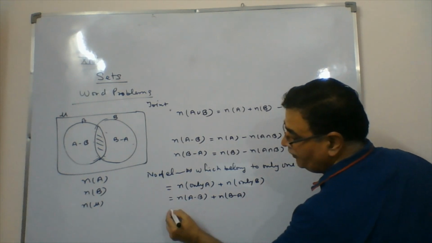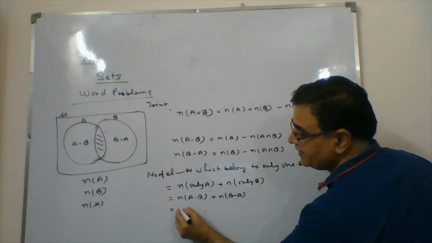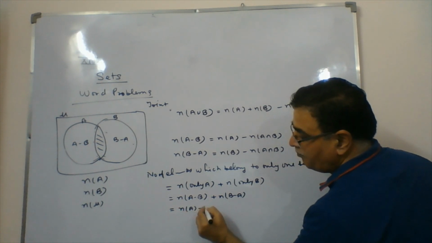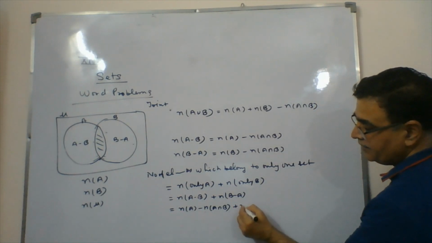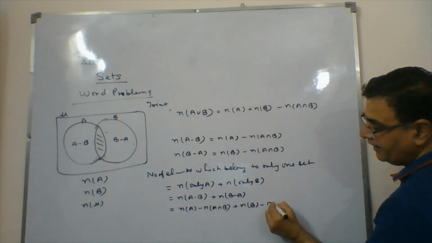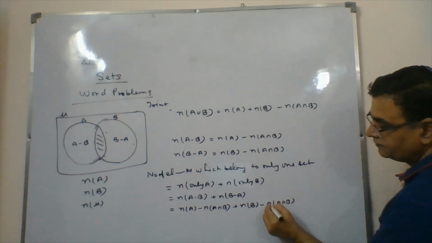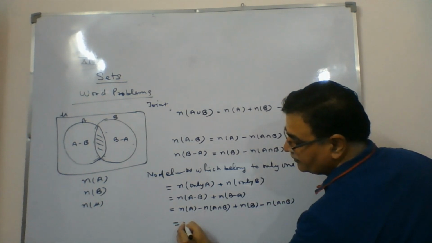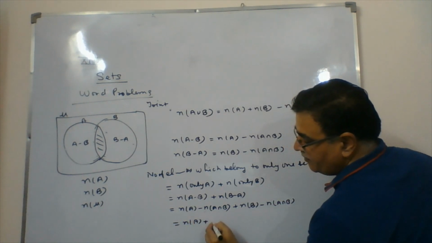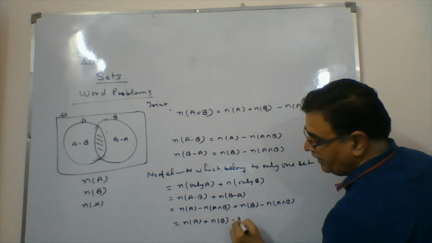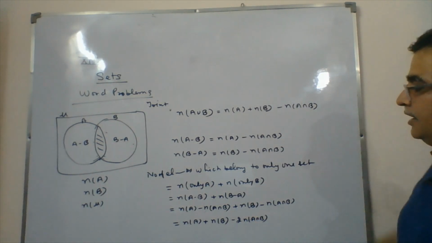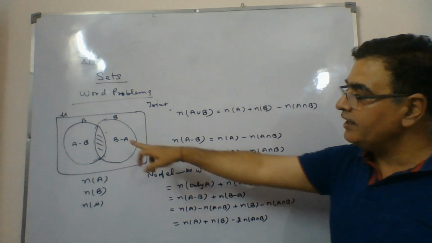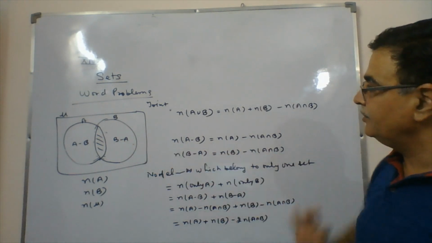Now when you solve it, n(A minus B) will be n(A) minus n(A intersection B), and this will be n(B) minus n(A intersection B). Or your result comes out to be n(A) plus n(B) minus twice n(A intersection B). This is the number of elements which belong to only one set, if they ask, you can get this result.